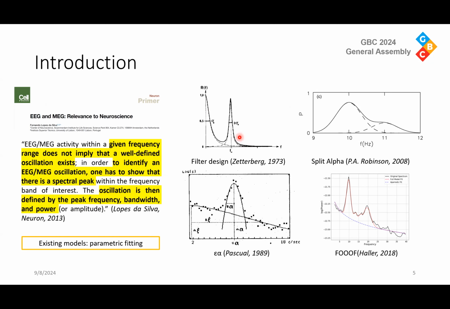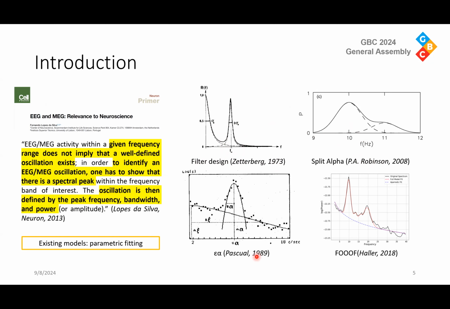Dating back to 1970, there was a hardware filter design to obtain the alpha rhythm. Peterson did a lot of nonlinear modeling work to split the multiple overlapping alpha components.